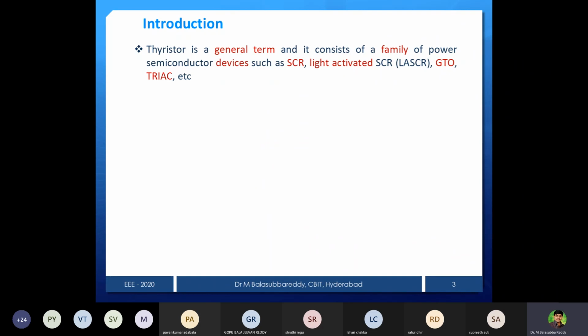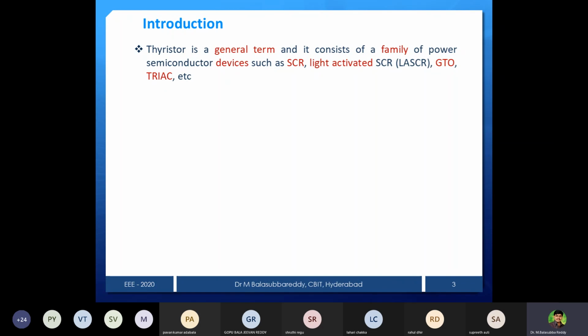There are many power semiconductor devices: SCR, BJT, MOSFET, IGBT, GTOs, triac, and MCTs. This is one of that family, and not only the SCR, there is a laser also. This is also one of the efficient devices.